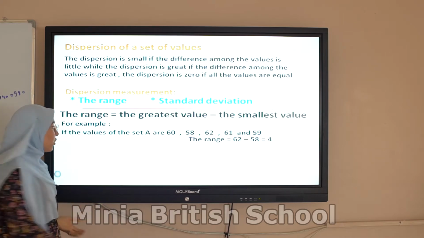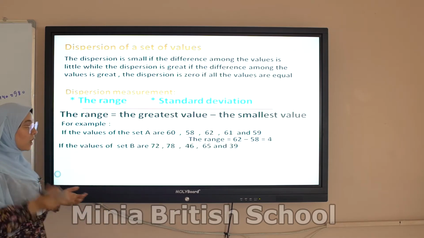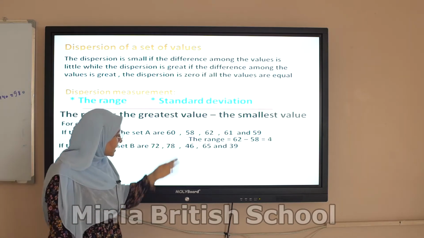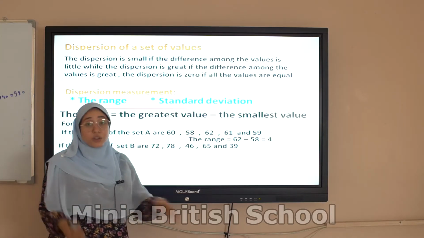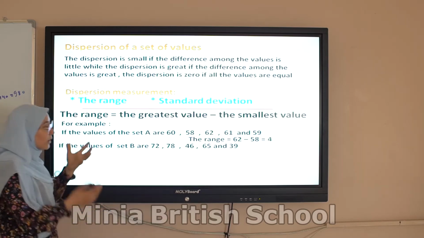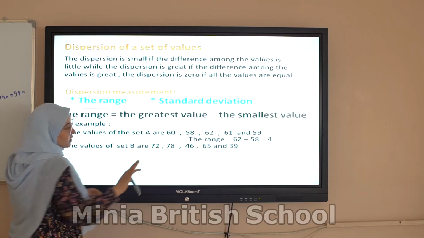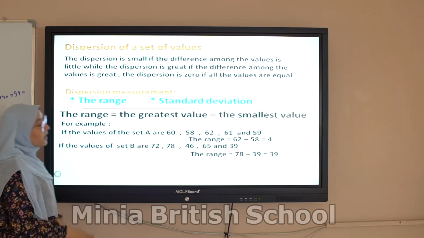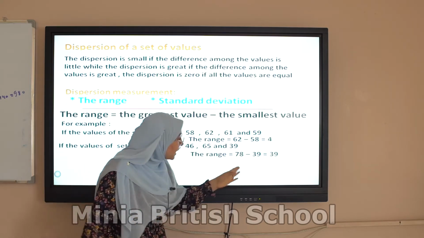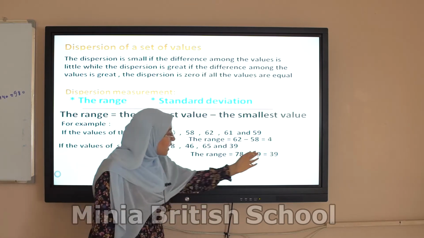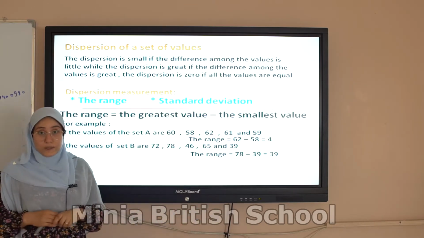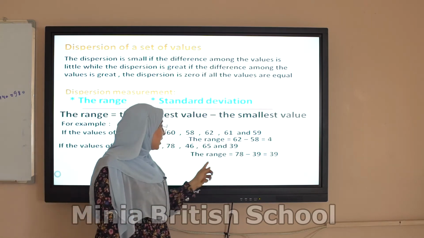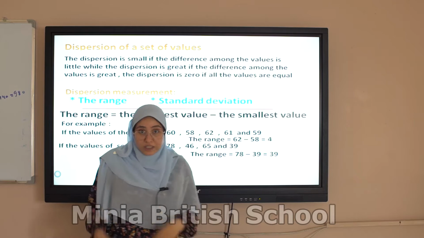But if you have another set, like set P, 72, 78, 46, 65, and 39. So the greatest value here is 78, and the smallest value is 39. So the range equals what? The range equals 78 minus 39 equals 39. The value of the range here is small, but the value of the range here is 39.